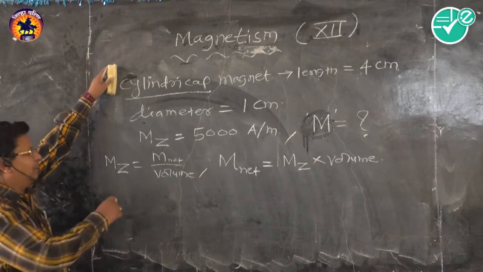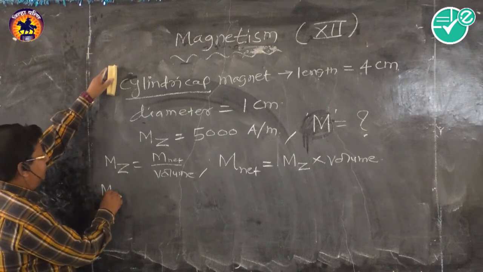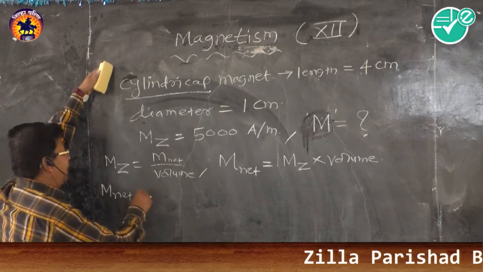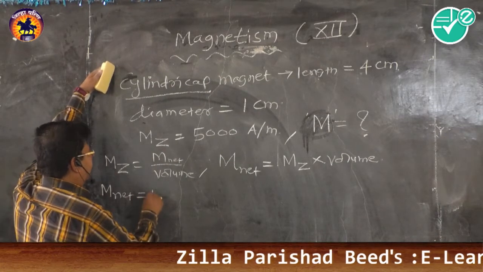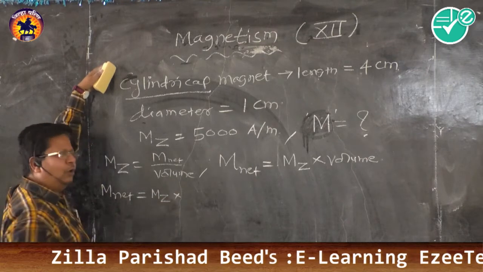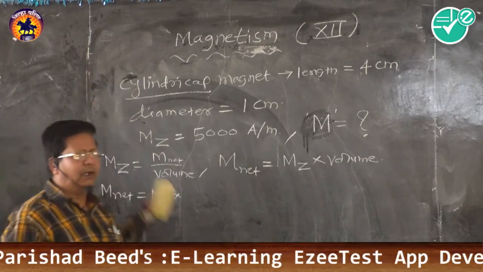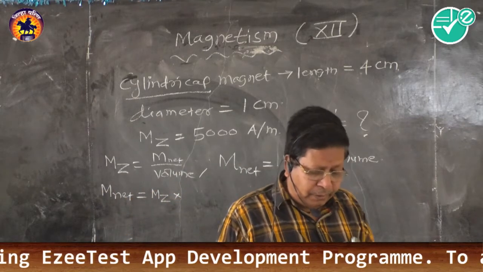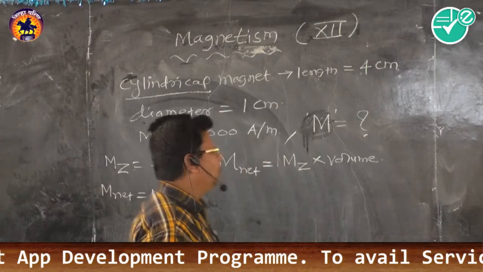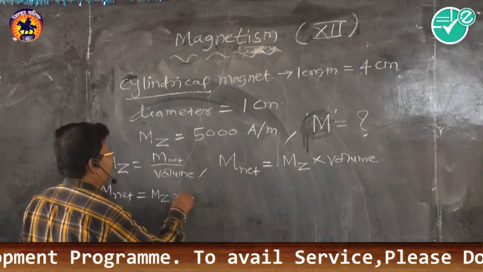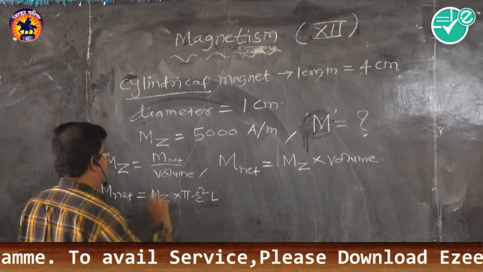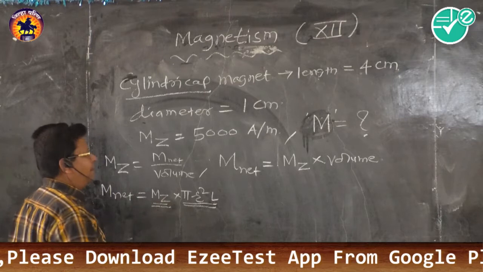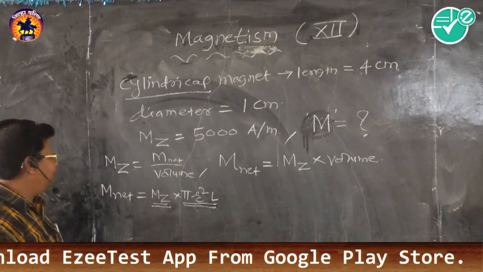So in this case we write M net, net magnetic dipole moment, is equal to Mz into volume of a cylinder, which is pi r square into L. So this is the volume of the cylinder, this is the magnetization of magnetic field.